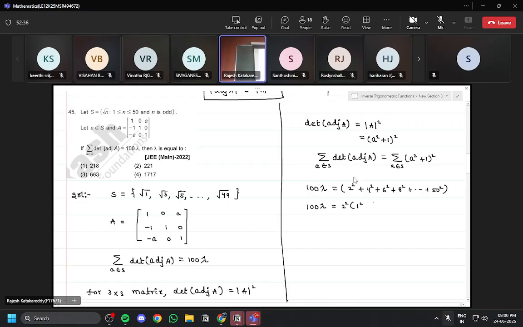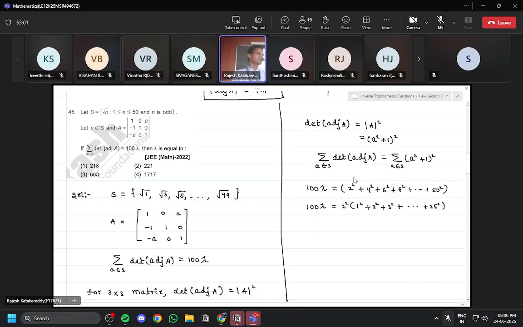Now 4 square is 16; from 16 we have taken 4 out, remaining is 4, that we write as 2 square. Now 6 square is 36; from 36 we have taken 4, remaining is 9, which is 3 square. And so on. Last you will have 25 square. Understood? Any doubt in this?